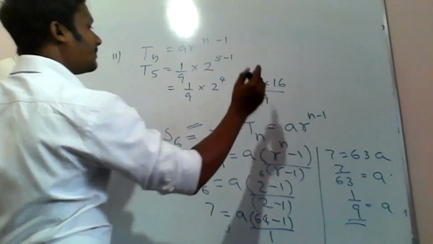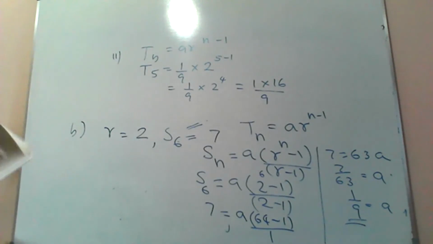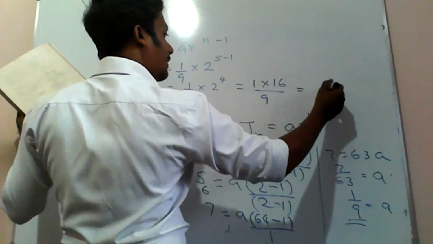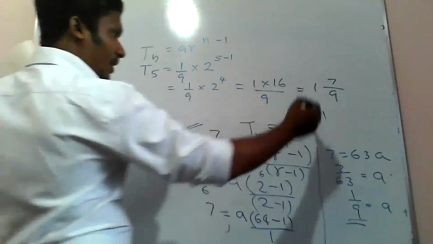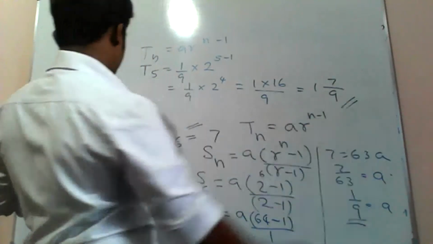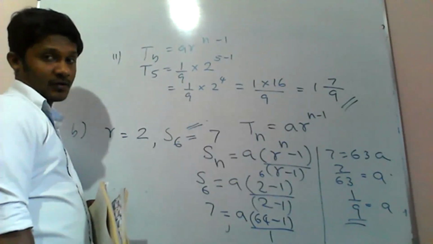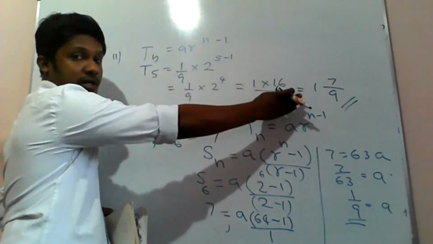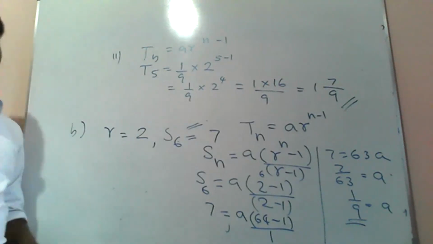So 16 over 9, which is 1 and 7 over 9. The fifth term of the progression, T5, is 1 and 7 over 9.